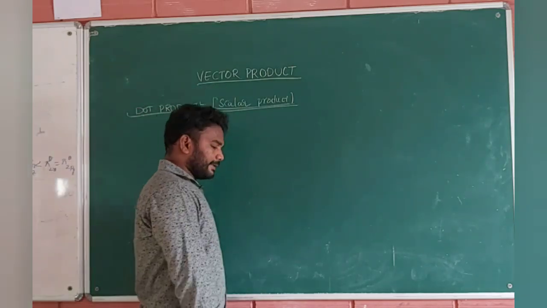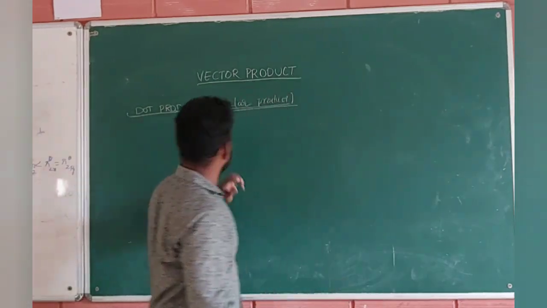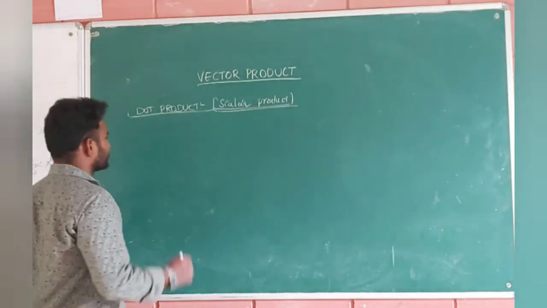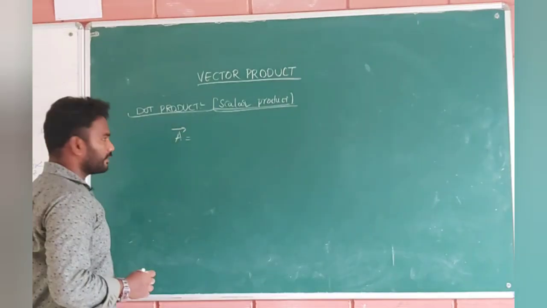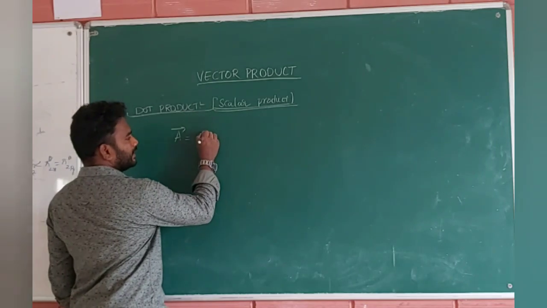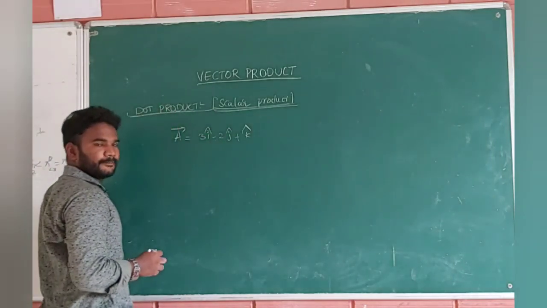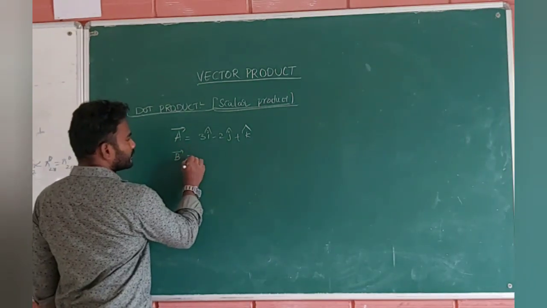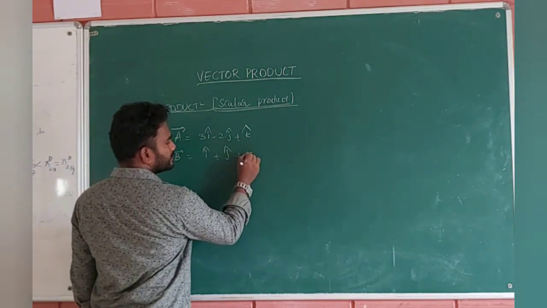Okay, how to multiply two vectors in the case of dot product? That's what we are going to discuss. Let us move with some example. A bar is equal to 3i cap minus 2j cap plus k cap. Say B bar is equal to i cap plus j cap plus k cap.